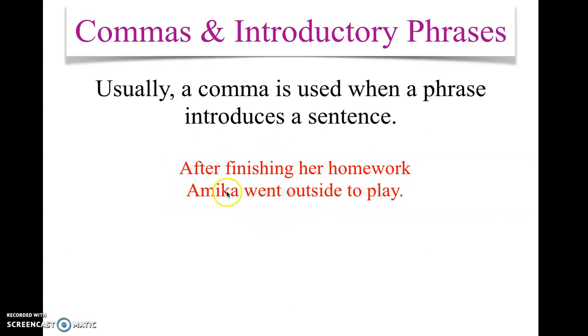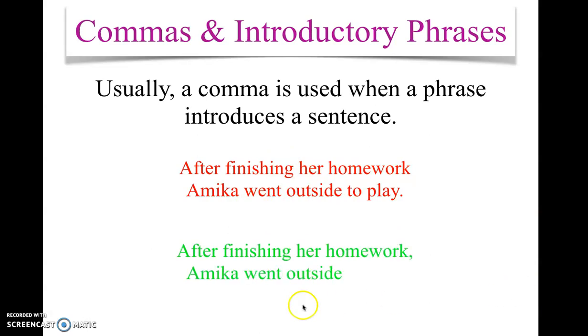So if we do this, it must look like this. After finishing her homework, comma, Amika went outside to play. This dependent clause introduces this sentence. It tells us something related to this sentence.